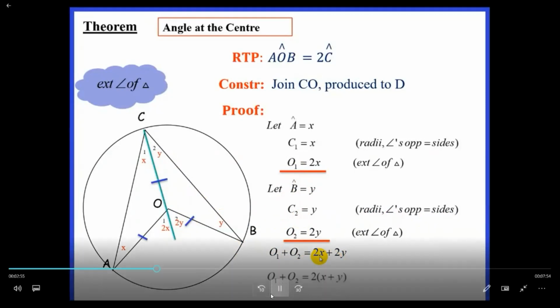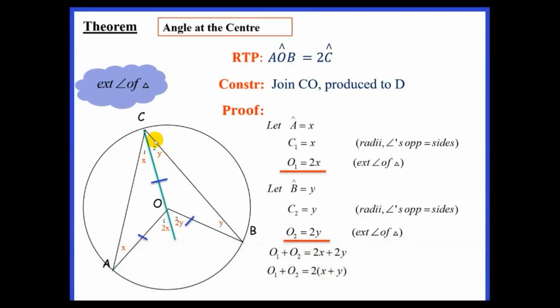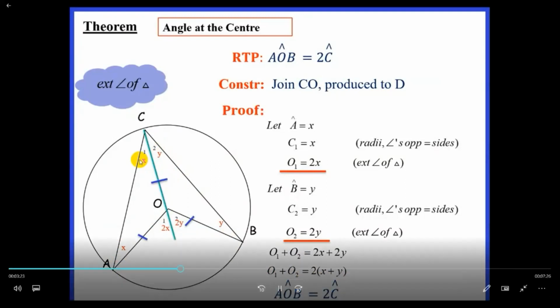We can pull out a common factor of 2, and that gives us 2 into X plus Y. So O1 plus O2 is equal to twice X plus Y. But remember, if we look at our diagram, X plus Y is indicated by angle C. So we can replace O1 plus O2, which is angle AOB, and that is equal to twice angle C. And we've proved the theorem, angle at the center. Thank you.